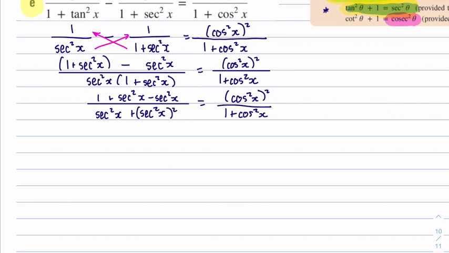Okay. So I've got 1 over sec squared x, which is the same as 1 on cos squared x.